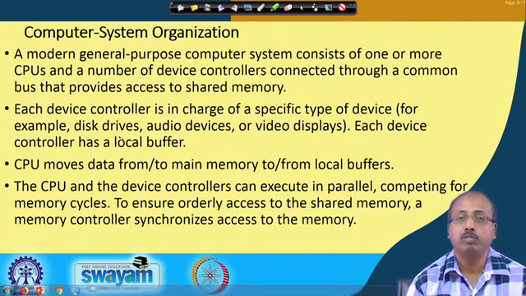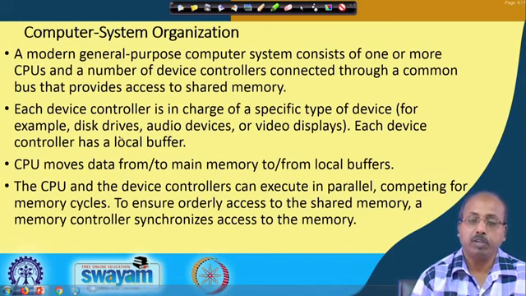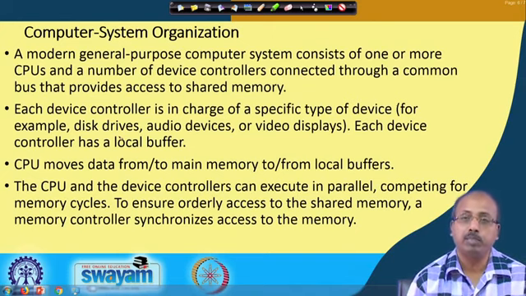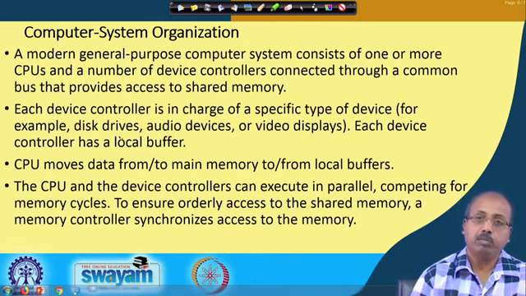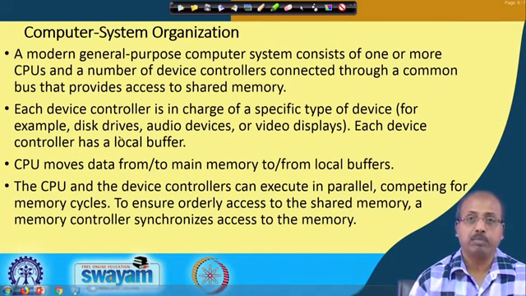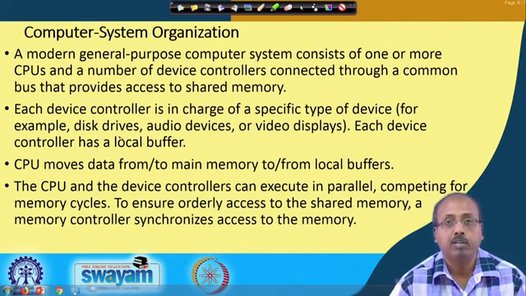As long as they do not need to access main memory there is no problem, but at some point of time it may so happen that both of them need to access main memory. So, they will start competing for the memory cycle. This is more common if you have multiple processes, multiple CPUs. They want to access memory, and there will be a fight between them for getting access to the memory.